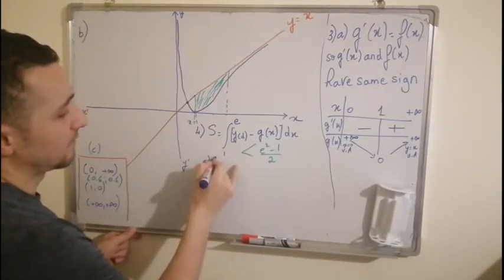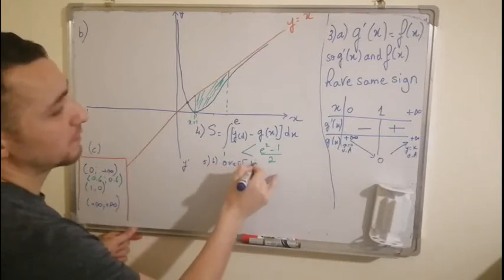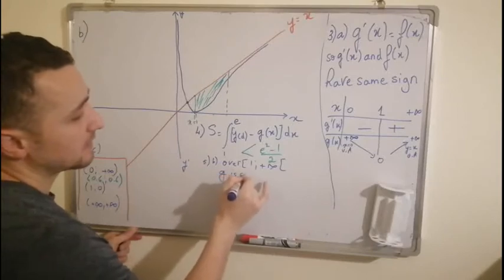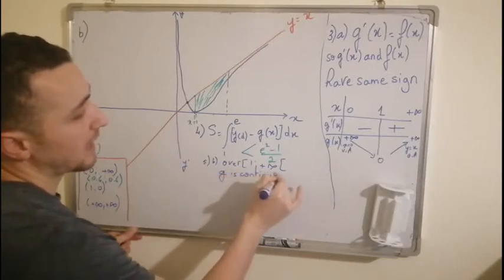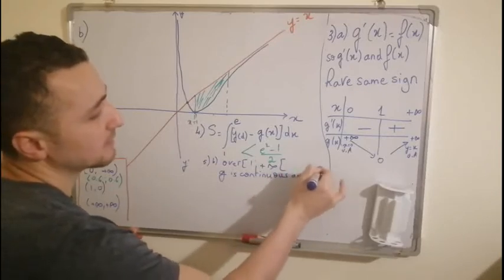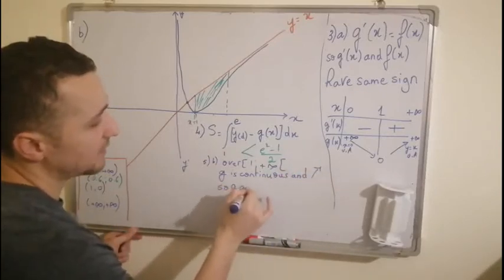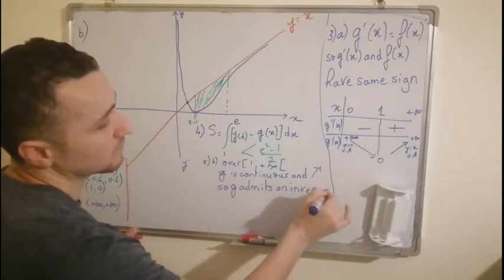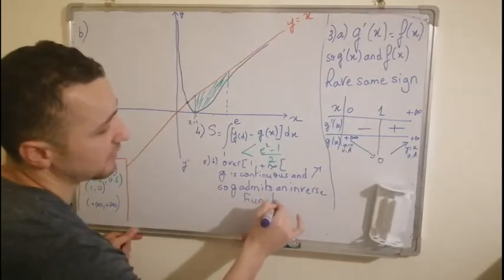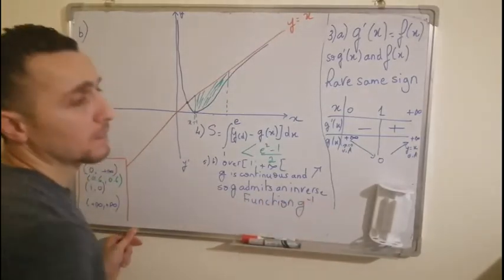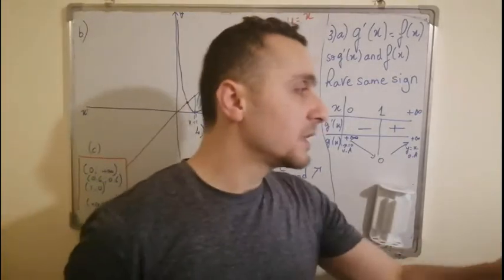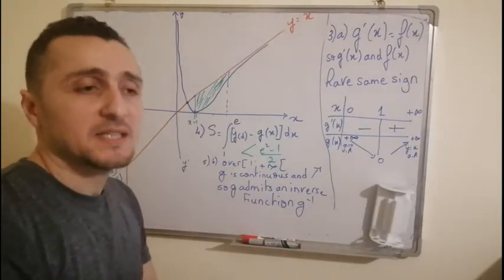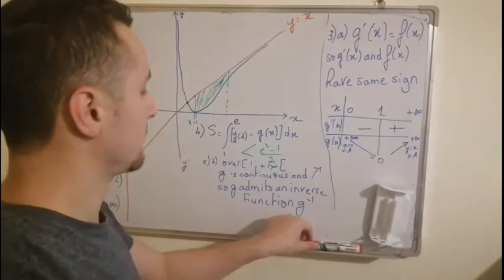Over [1, plus infinity), g is continuous and increasing, so g admits an inverse function, g minus 1. Part 5b. Determine the domain of definition of g minus 1 and draw its curve in the previous system.